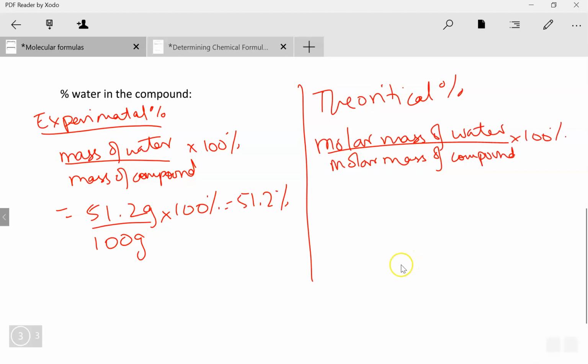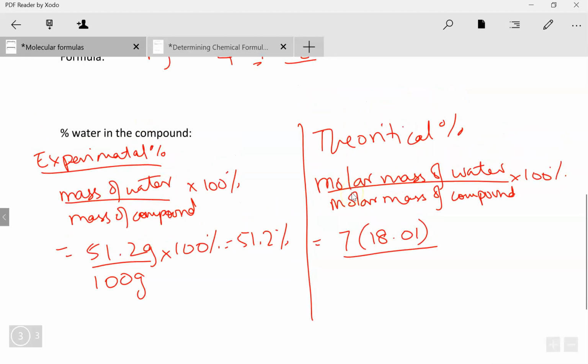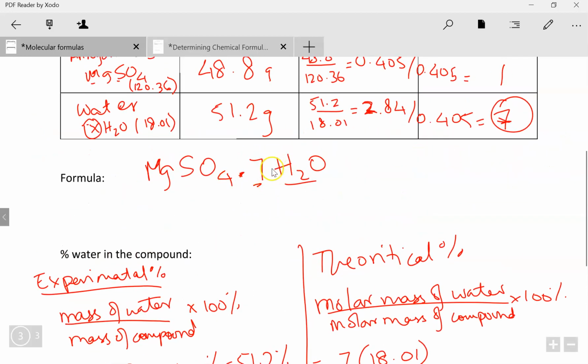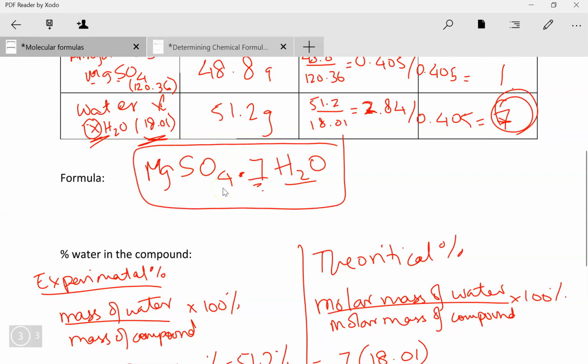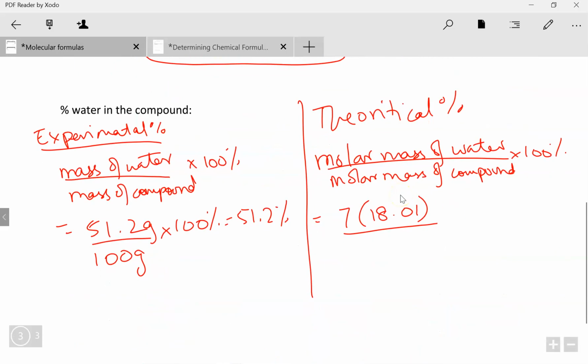Our molar mass of water we can calculate to be 7 times 18.01, because there are 7 waters. Earlier we didn't take the X in our calculations because we were calculating the 7. But now that we know the 7, for the molar mass of water in this entire compound, we do have to multiply by 7.